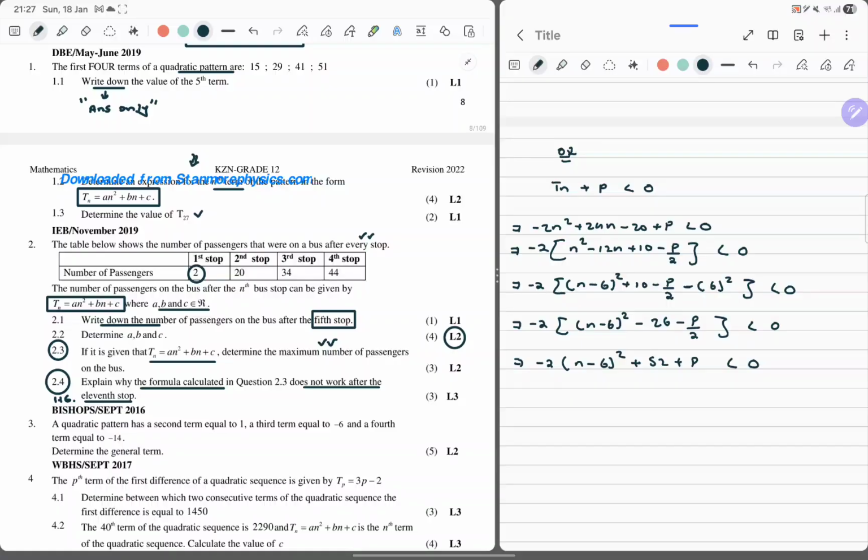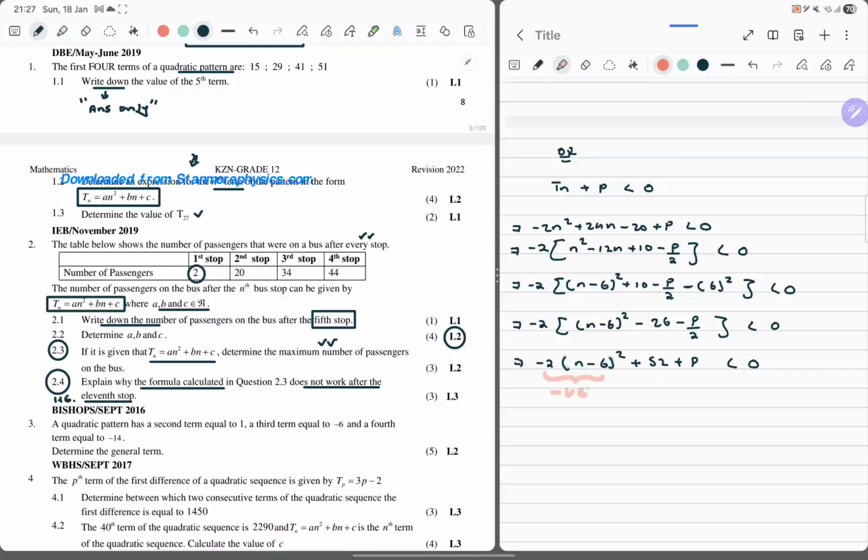Now we can see, guys, that this is a perfect square, right? So this means this whole shenanigan is negative, right? Because a perfect square will always be positive or 0. And so if we multiply this by negative, it will be negative or 0, at least.